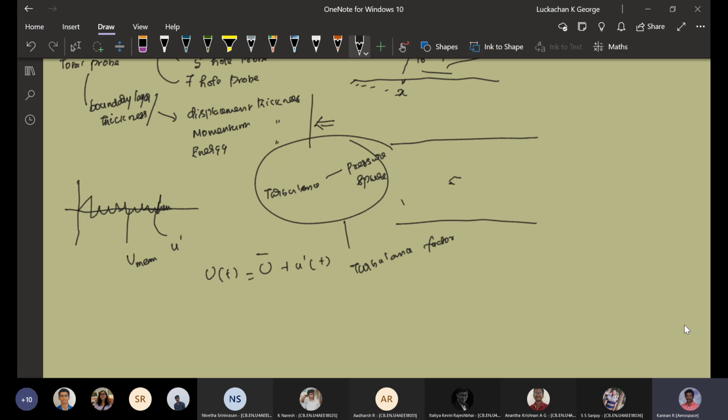The other thing is that, moving vertically, I am going to see how the velocity or static pressure distribution varies, whether there is any gradient in the test section.